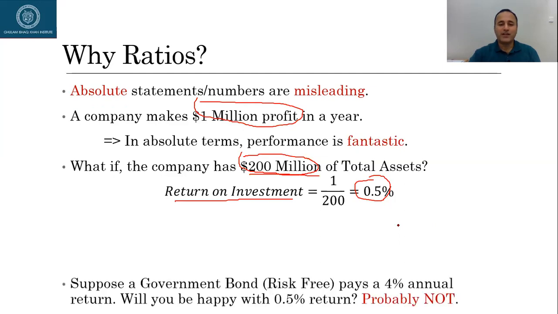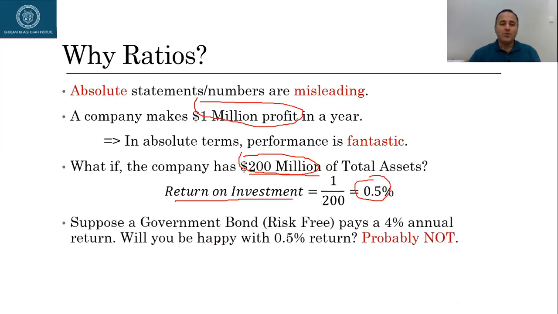It's only 0.5%. Now suppose your company is operating in an economy where the government bond, which is a risk-free security, pays 4% annual return. Will you be happy with 0.5% return? Probably not, because you are only getting 0.5% return and you are taking some risk as well.